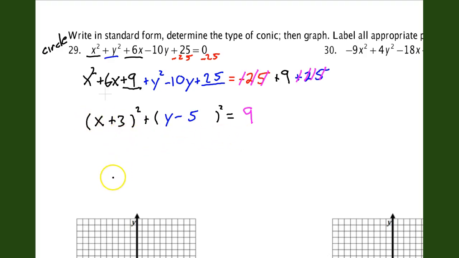So I got a center of negative 3, positive 5, and the radius will be 3.